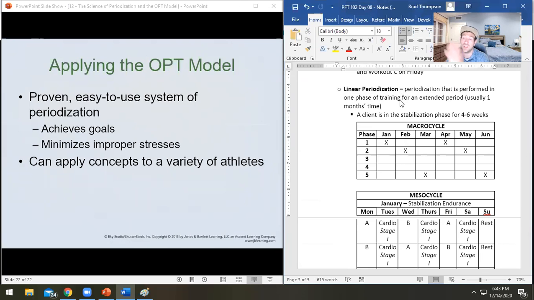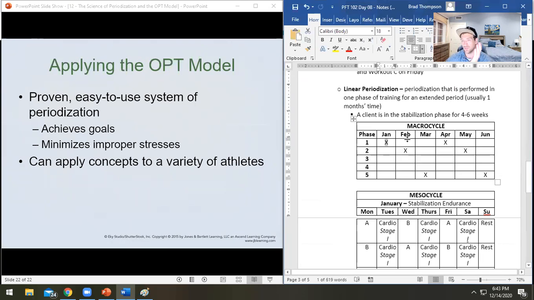So for instance, if your client is in stabilization for 4 to 6 weeks and then moves on to a different phase, this is linear, right? I'm basically drawing a straight line: stabilization, stabilization, stabilization, all 4 weeks. So in January, I'm in stabilization. In February, I'm in strength endurance. I'm going to go ahead and skip hypertrophy and max strength. And in March, I'm going right into power.